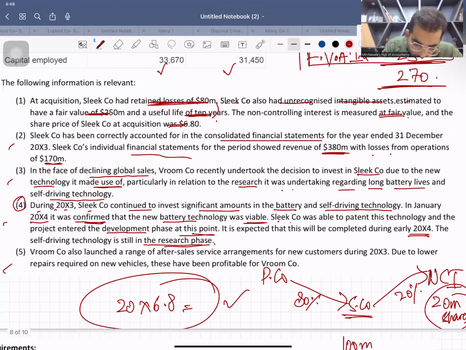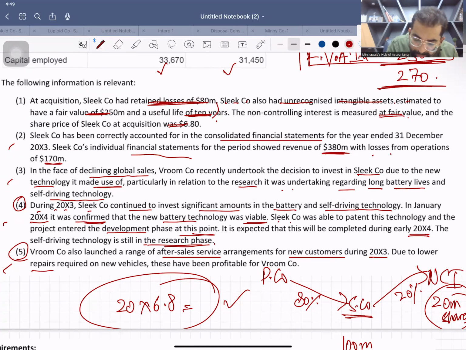Now VRoom is the parent company. Now we'll give the reason why the parent company is going good. See, the subsidiary company apparently looks bad according to the results and numbers, but the parent company's results are good. I just proved through sales. Why? VRoom has launched a range of after sales service arrangements for new customers during 2003.